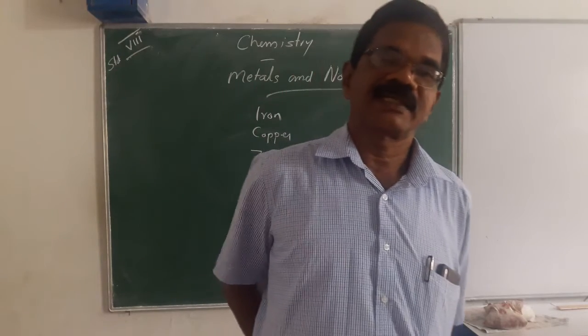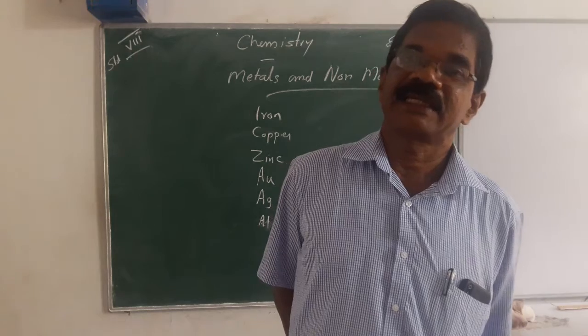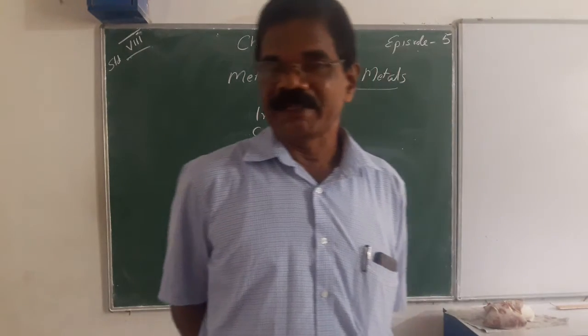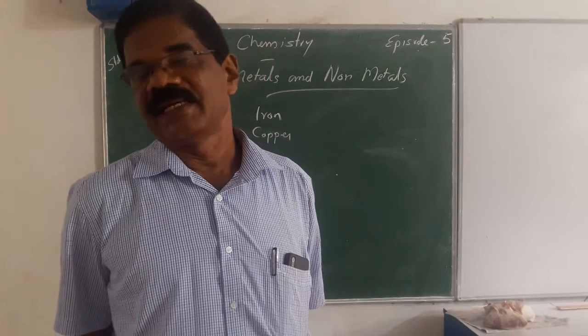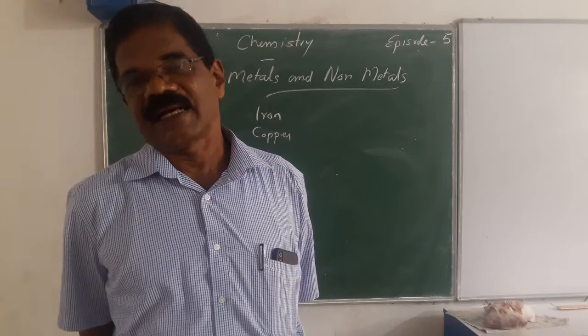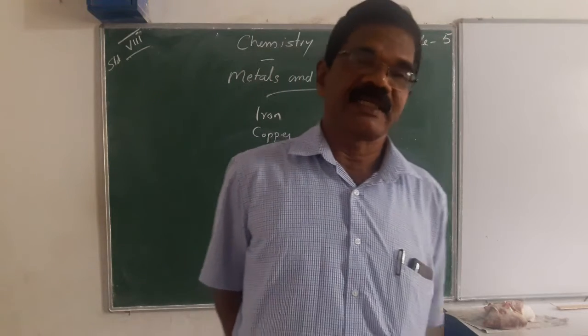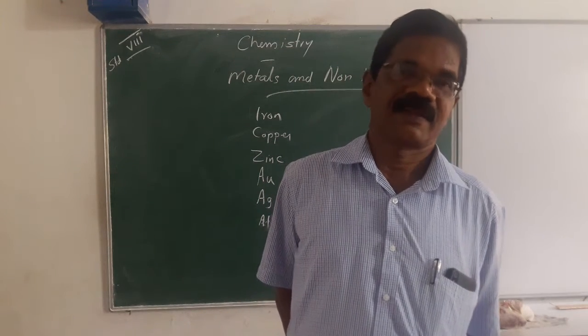Almost all the metals are found in nature in compound form, not pure. Certain metals like gold and silver are found in pure form in nature. Other metals are found in the compound state in the earth.